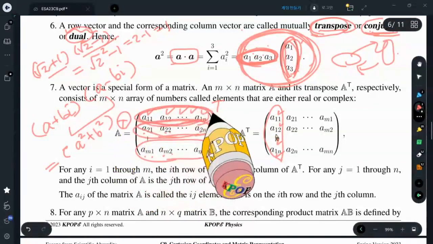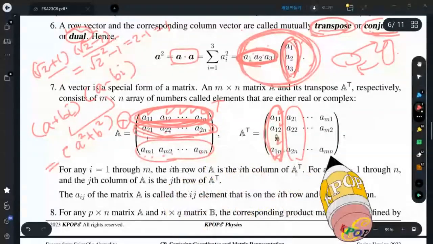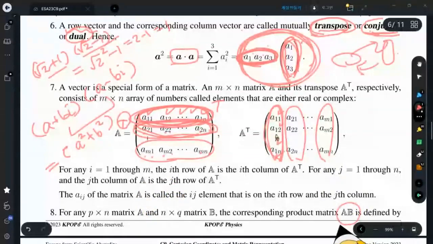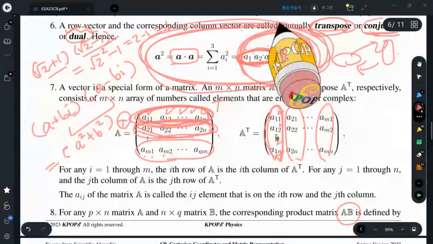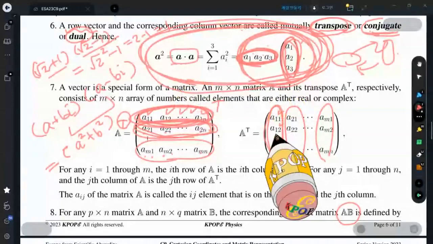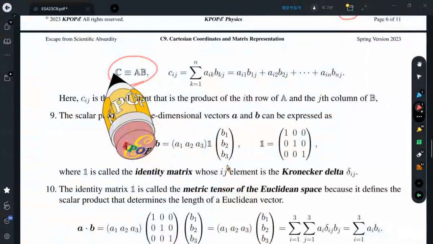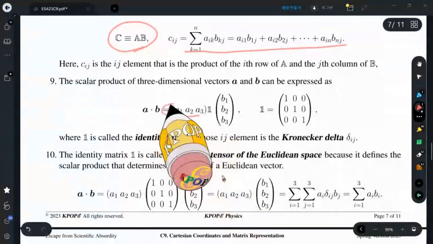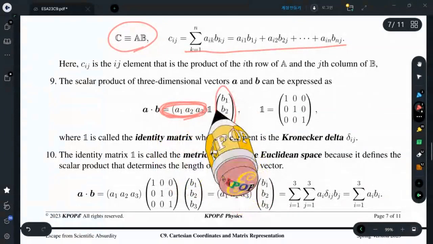And if we take the transpose, the row becomes a column, row becomes a column, row becomes a column. And when we want to compute the product of two matrices, the rule of multiplication is basically identical to what we have done with the scalar product. Therefore, multiplication looks very complicated, but it is easy if I just encircle a row and insert a column.